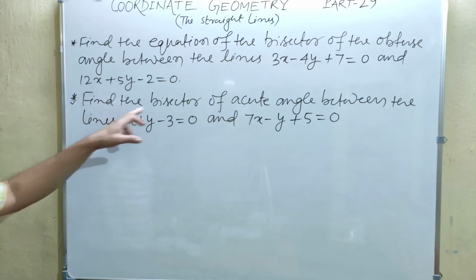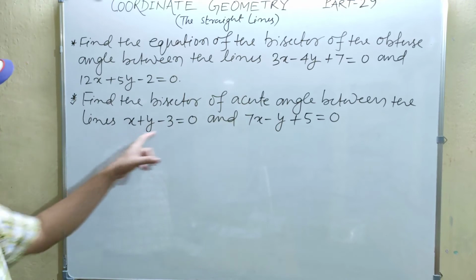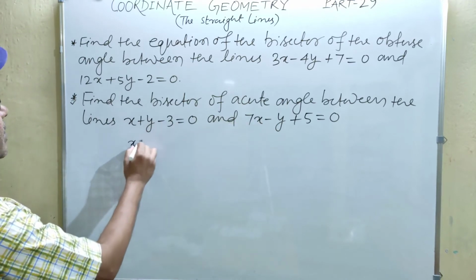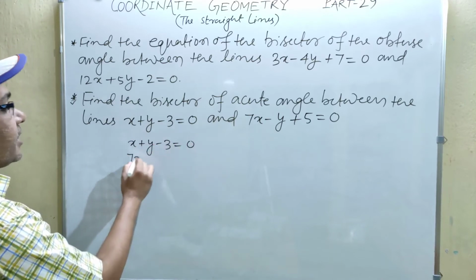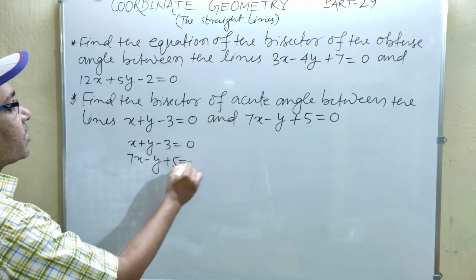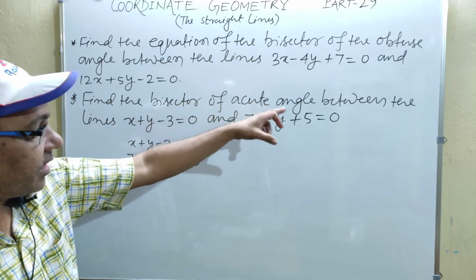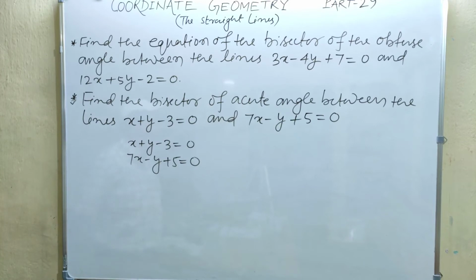The question is, find the bisector of the acute angle between the lines x plus y minus 3 equal to 0 and 7x minus y plus 5 equal to 0. These are the two lines. Find the bisector of the acute angle between these two. ये दोनों के बीच में एक एंगल अगर एक्यूट है तो दूसरा ऑब्ट्यूस होगा, तो एक्यूट एंगल का बाइसेक्टर चाहिए.